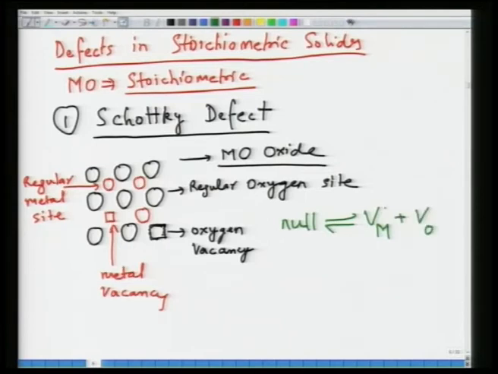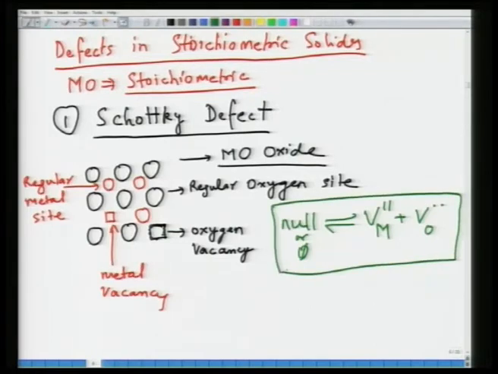Now, if they were completely charged, V_M would be double dash and V_O would be double dot. So, this is the formation of a Schottky defect. Here you can see the charge neutrality is maintained: two charges of metal vacancy which are negative, and two charges of oxygen vacancy which are positive.